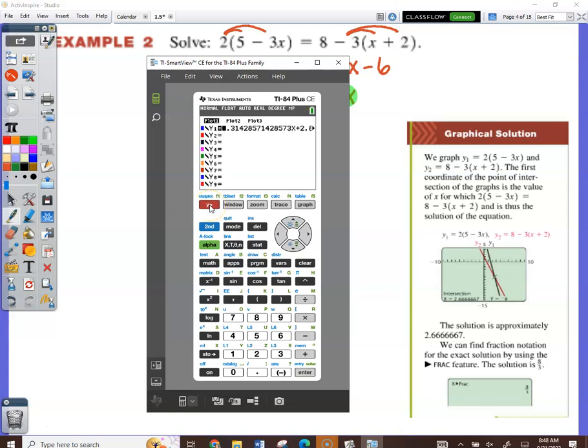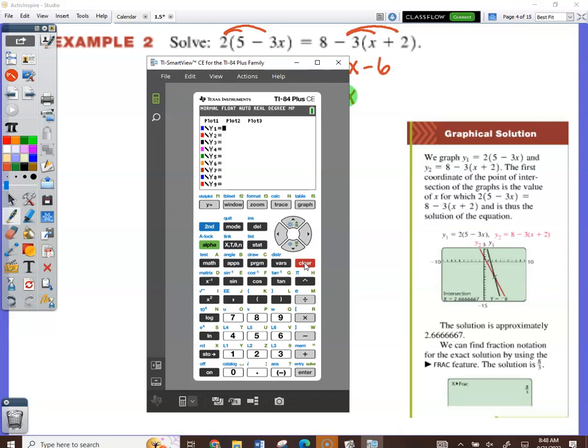We obviously want to clear out what we did yesterday, because otherwise the stat plot's going to be in our picture and that's going to confuse things. The easiest way to do this is arrow up to the plot that's on and just hit enter and it's going to turn it off. So the data is still in there from yesterday, which doesn't matter, but it's not going to show it when we graph.